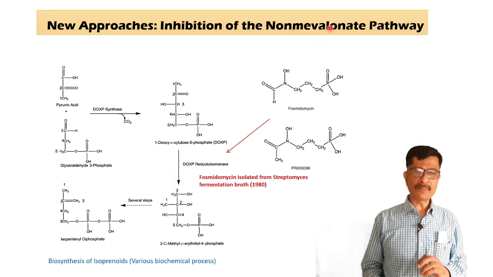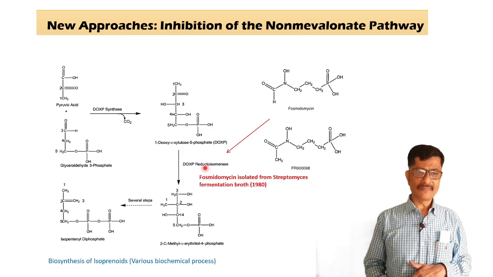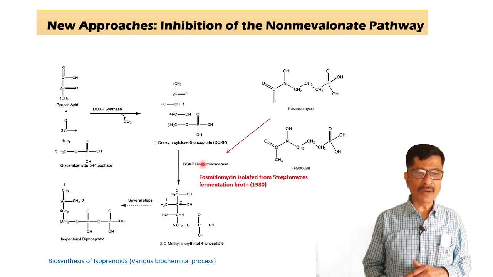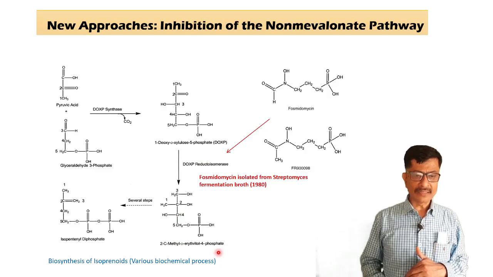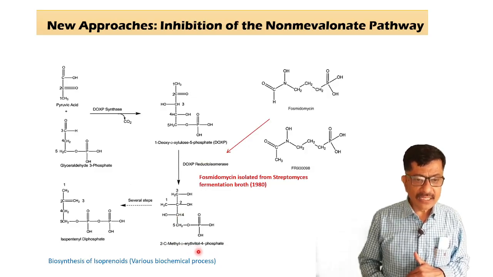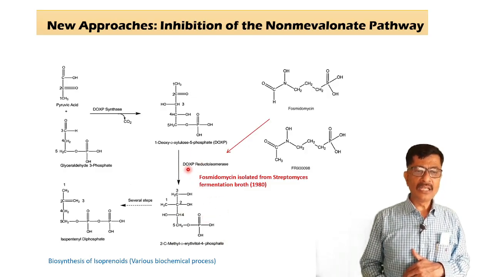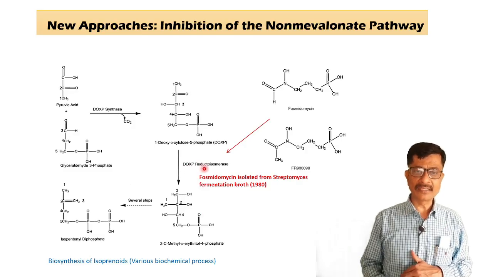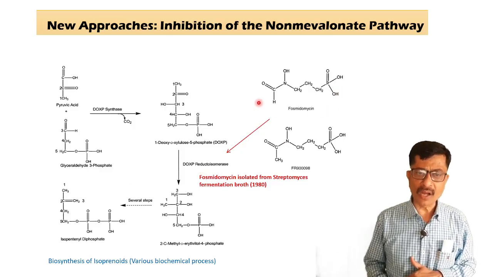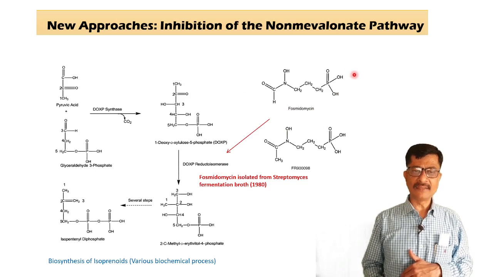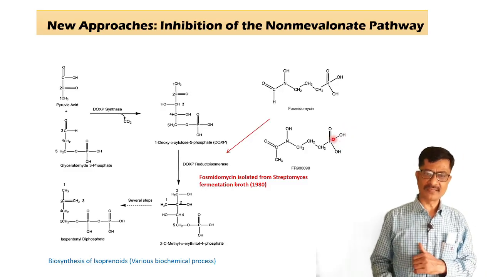this non-mevalonate pathway. If you look at this, there is the enzyme DOXP reductoisomerase, which is required for conversion of 1-deoxyxylulose 5-phosphate to 2-C-methylerythritol 4-phosphate. So for this conversion, it needs DOXP reductoisomerase. Here is a drug, fosmidomycin, which is isolated from the fermentation broth of Streptomyces.